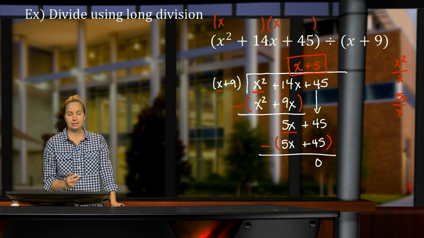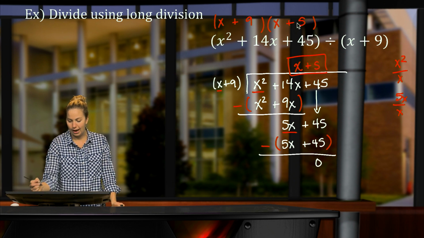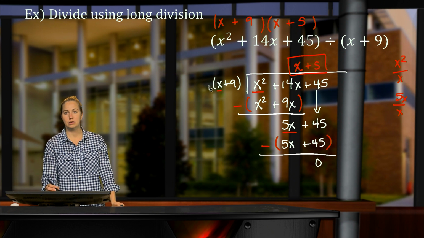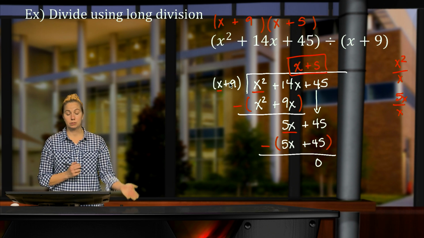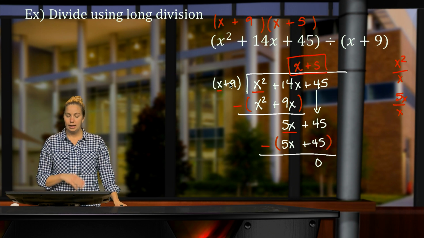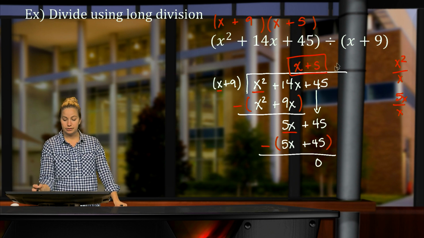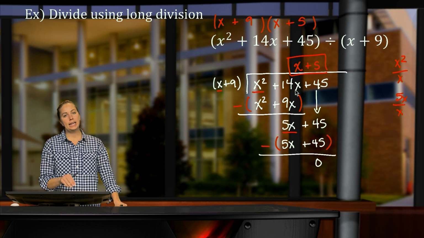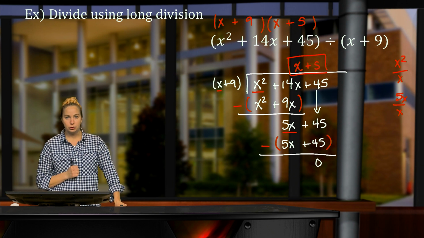Factors of 45 that sum to 14. That's going to be positive 9 and positive 5, which are these two values. If you can see where my cursor is, my two values here. Again, the purpose of this exercise was just to divide, so my answer was x plus 5, but I'm trying to get you guys to see the connection between this division and factoring, which we've already seen.